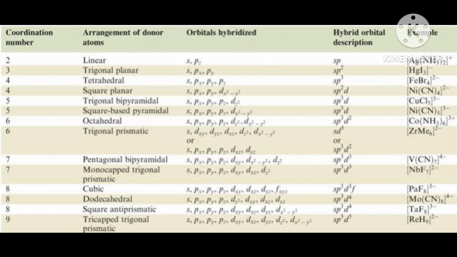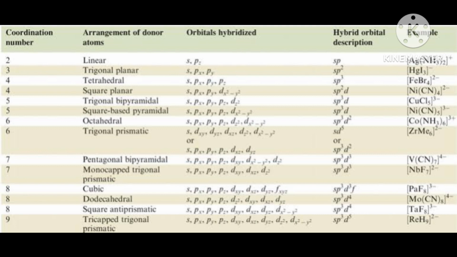But the fact that the magnetic moment of the complex ion is 5.9 BM means it should be tetrahedral in shape rather than square planar because of the presence of 5 unpaired electrons in the d orbitals. If you write the electronic configuration, you will find that in d there are 5 electrons, 5 unpaired electrons, means d is half filled.